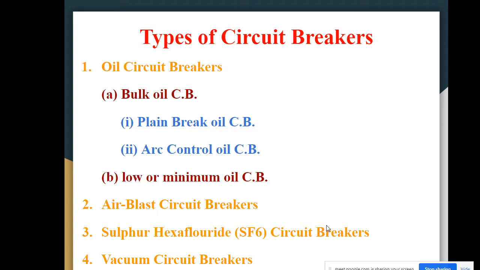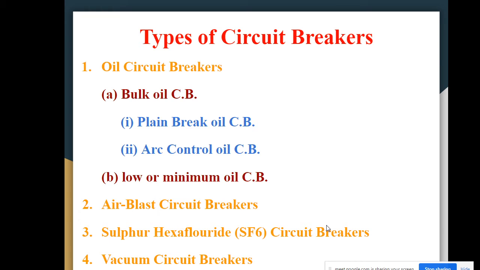So overall there are 4: oil circuit breaker, air blast circuit breaker, SF6 gas circuit breaker, vacuum circuit breaker. The oil circuit breaker is classified as two types: bulk oil circuit breaker, and low or minimum oil circuit breaker. Bulk oil circuit breaker is again classified as plain break oil circuit breaker and arc control oil circuit breaker.